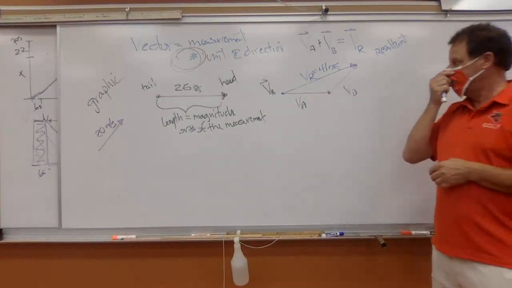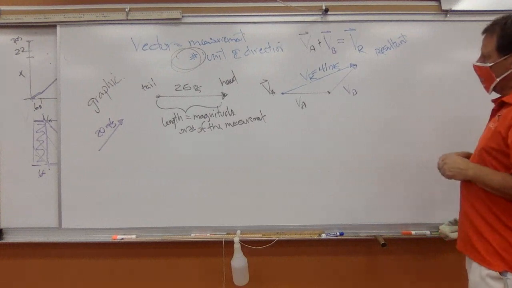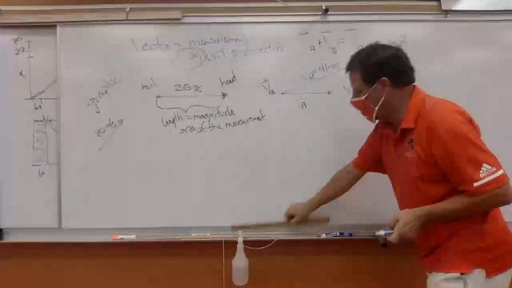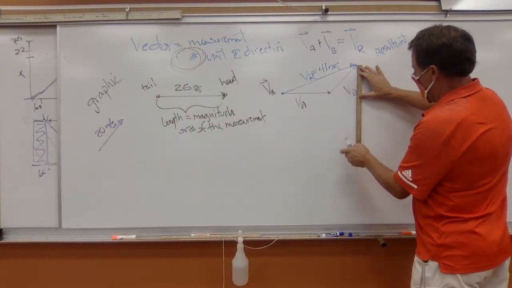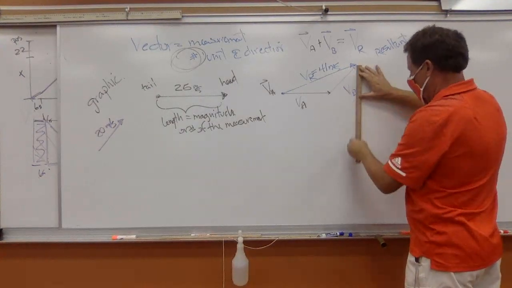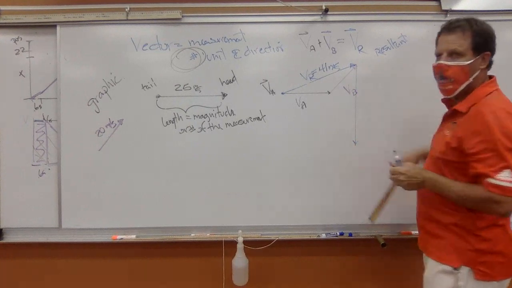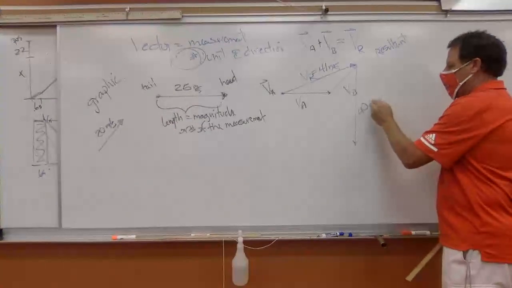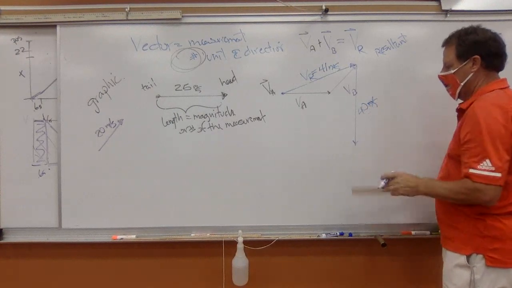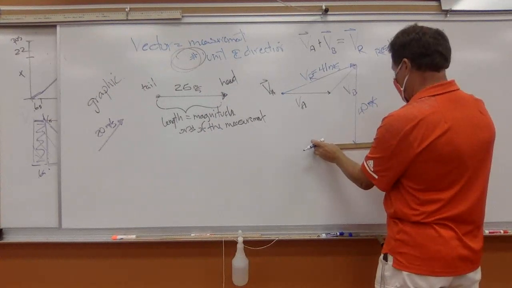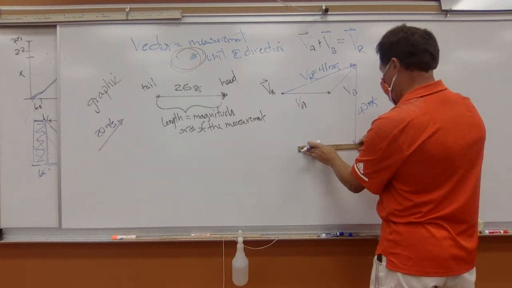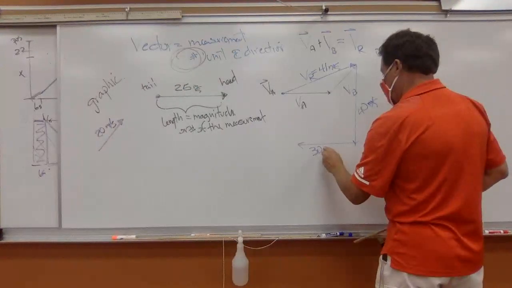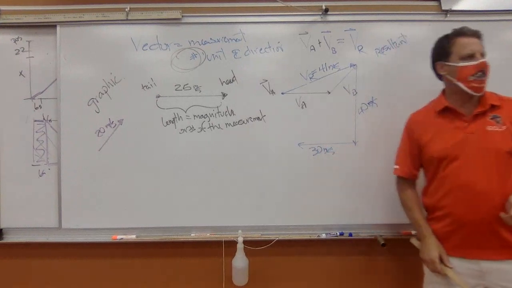So if we had this and then we added, let's say, a vector that was 40 centimeters long this way, which again would be meters per second, and then we added one that was 30 meters per second that way.